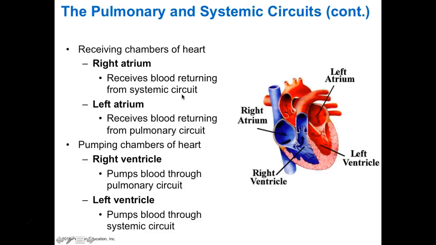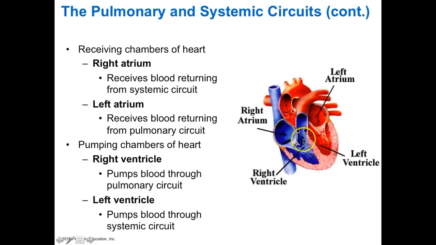And I know some of you may be thinking, well, wasn't the systemic circuit on the left side? Yes, that is correct. This left side pumps oxygenated blood to our entire body, all of our systems within our body. But then once that tissue gets that oxygen, we have to return the deoxygenated blood back to the right side of the heart. So that's why we say returning from the systemic circuit. So then from here, we're going to move into our right ventricle.